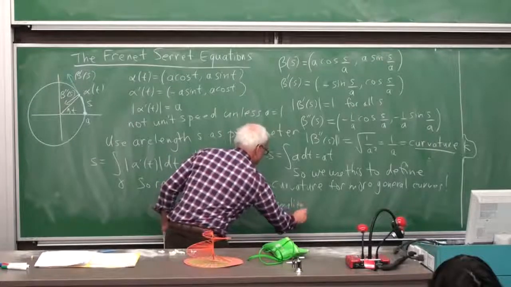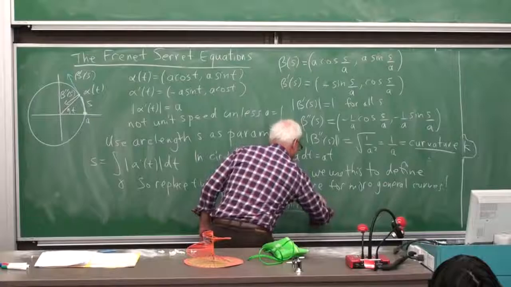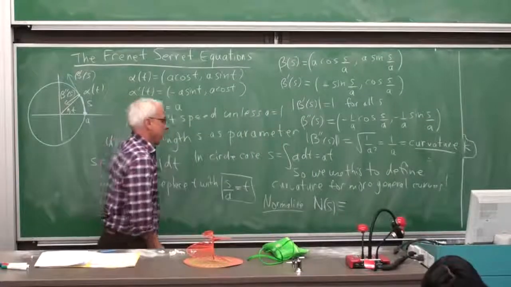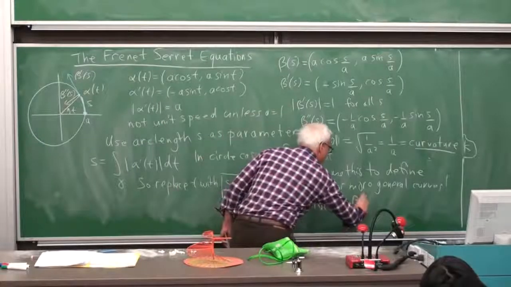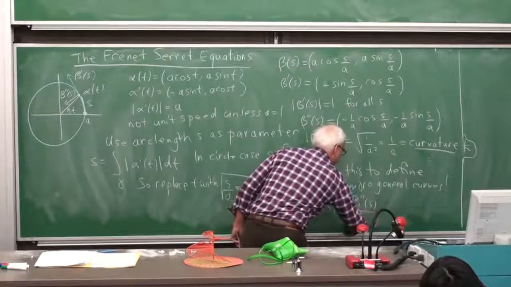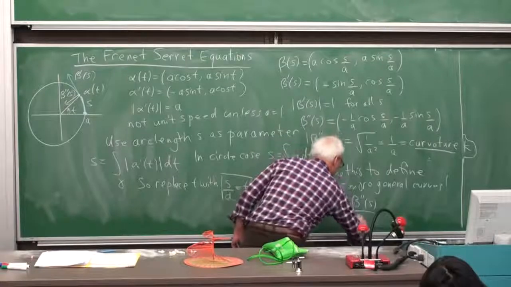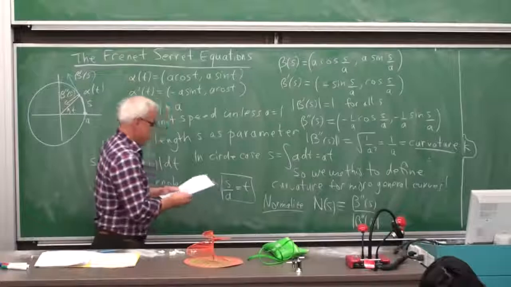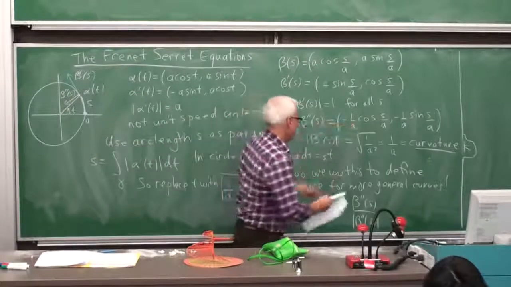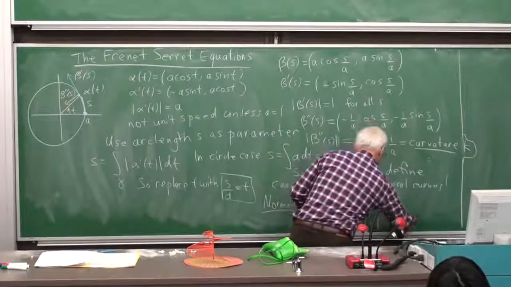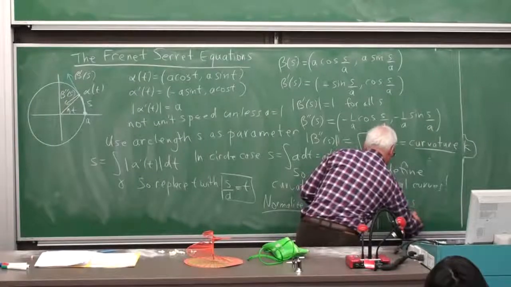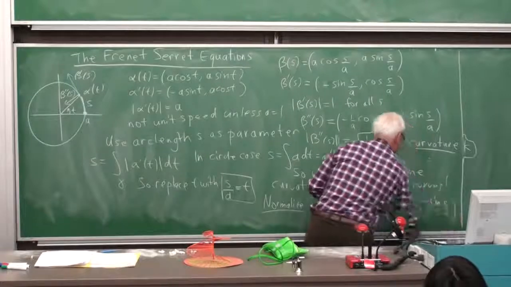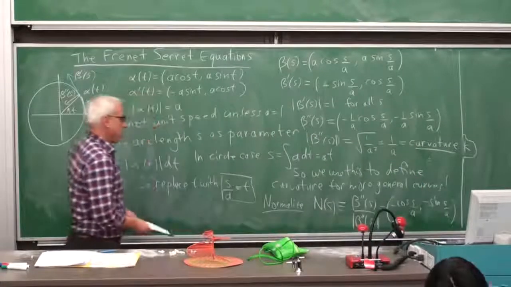So if we normalize and write, say, N of s, which is going to be beta double prime of s over the length of beta double prime of s, then we're just dividing by the 1 over a, so that's going to be just minus cosine s over a, minus sine s over a. That's going to be a unit normal.